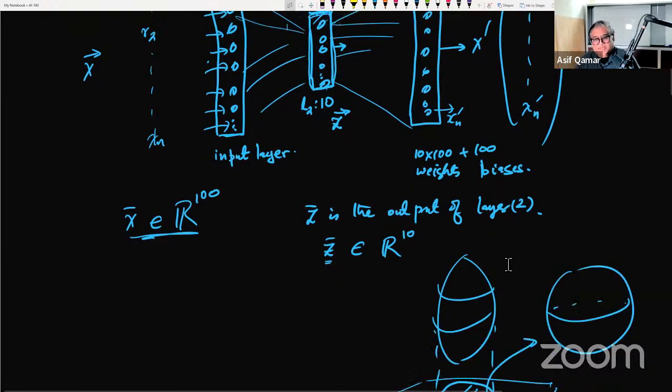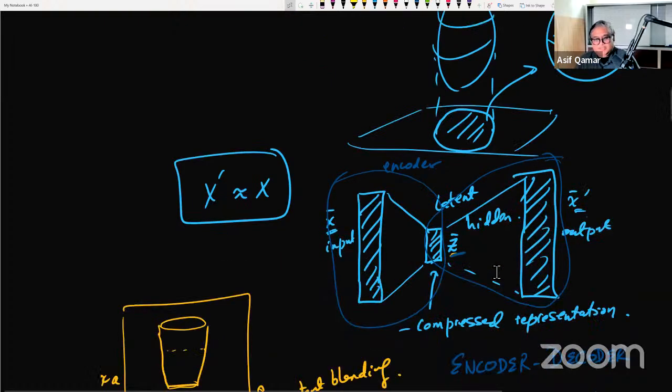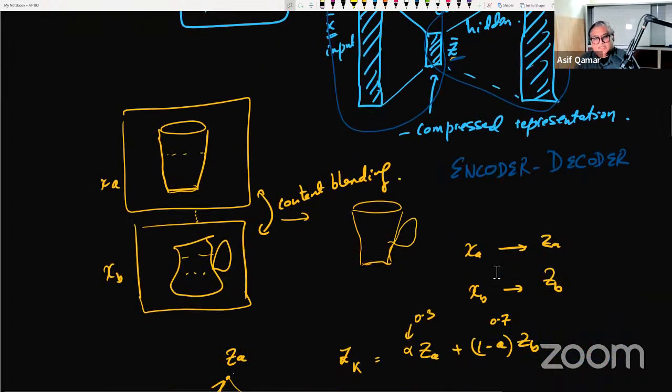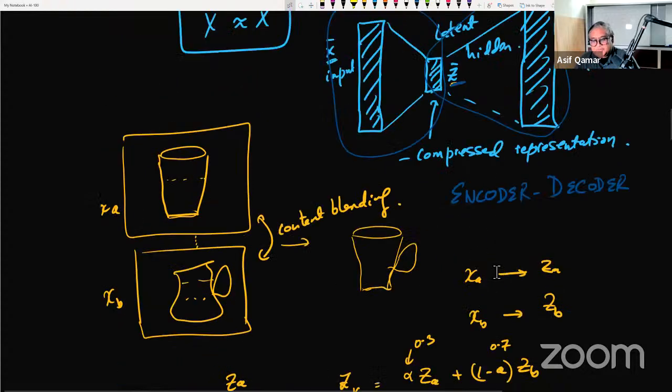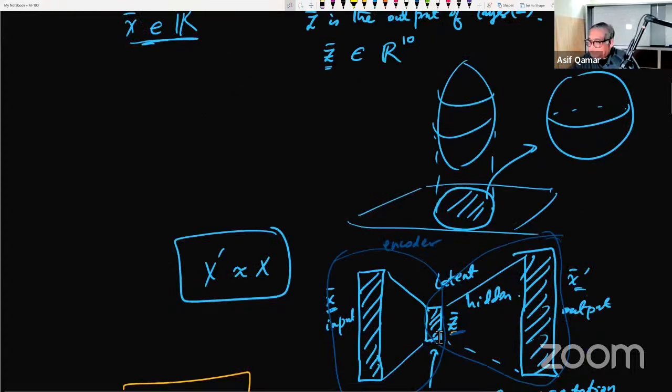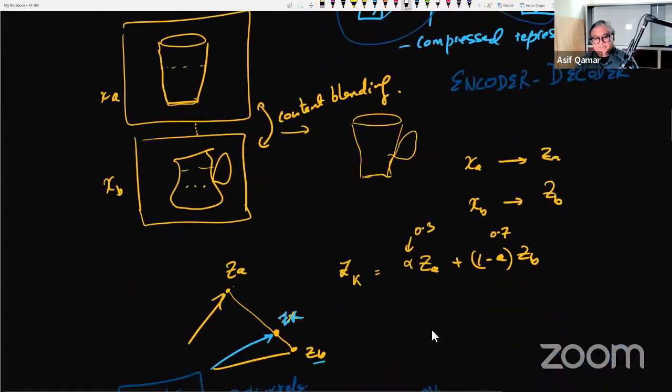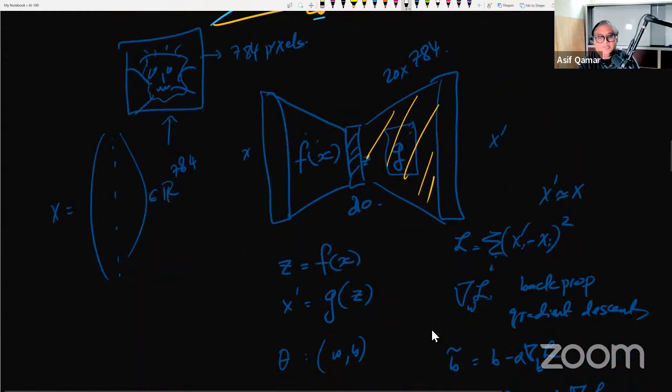So that was the broad idea. With this broad idea, we talked about the fact that when you actually do this, you have an encoder and a decoder. The encoder function produces a latent representation. Do we remember this, guys? It produces a latent representation.